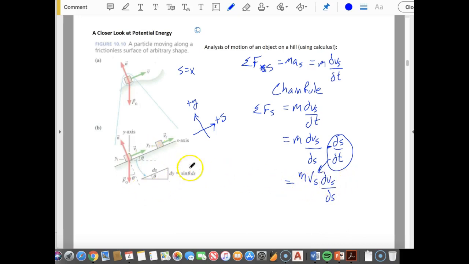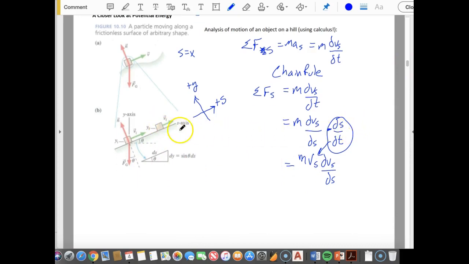So let's go back and take a look at this diagram and see what's going on. You'll notice that ds is the hypotenuse, okay? So that's our change of position going up the hill, and dy is going to be the height that that block is attaining. So here is our original, here is our higher height, and so this right here is going to be the change in our y position.